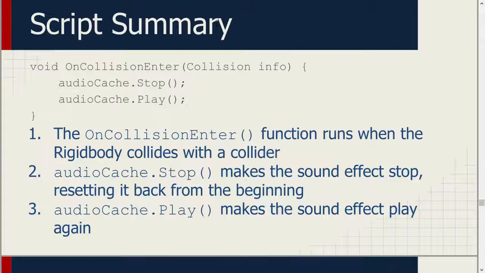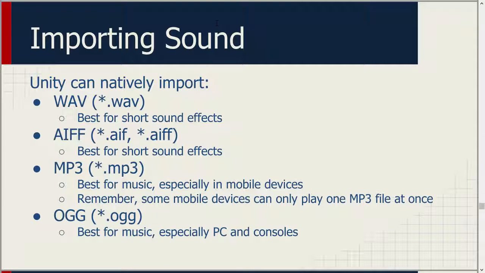So we already went through this. Talking about sound, Unity can natively import WAV files, AIF files, MP3 files, and OGG files. Generally speaking, WAVs and AIFs are best for short sound effects because they provide the best quality, but they're also incredibly large.